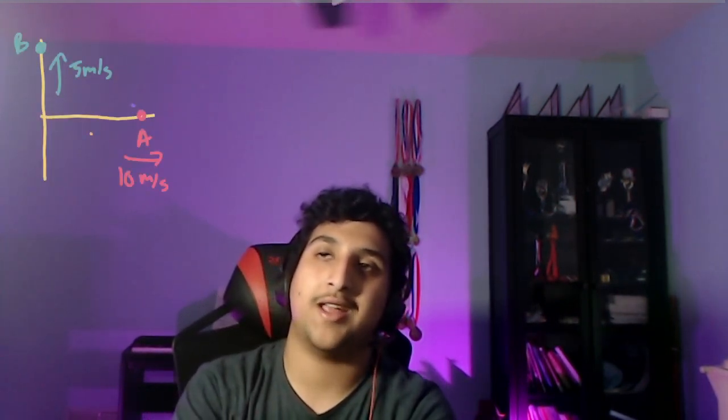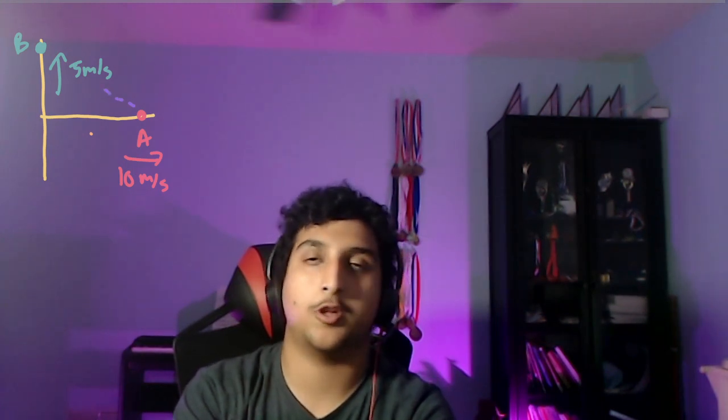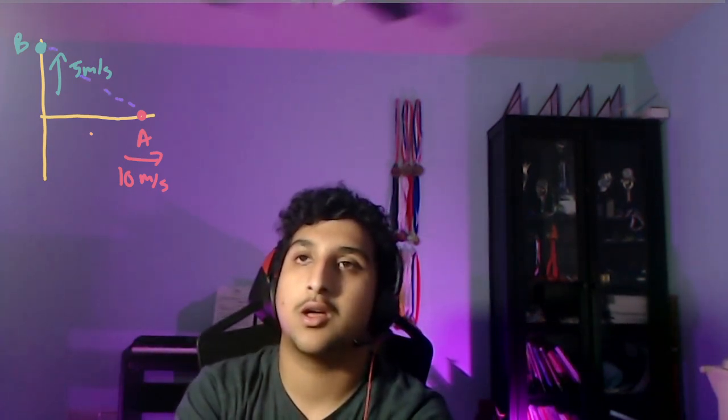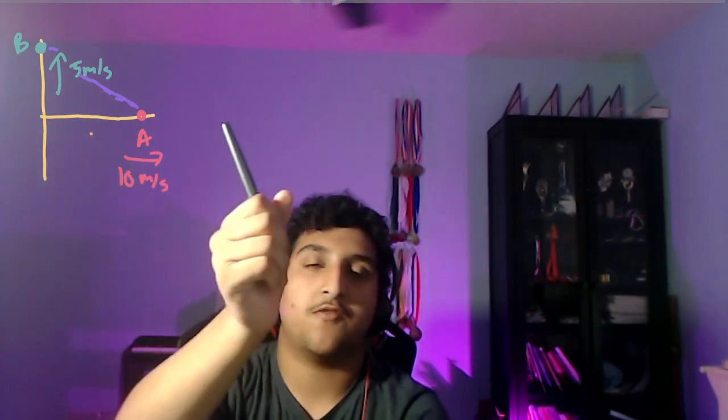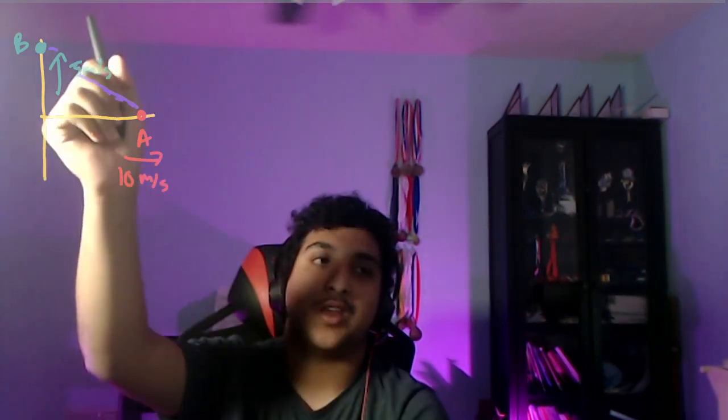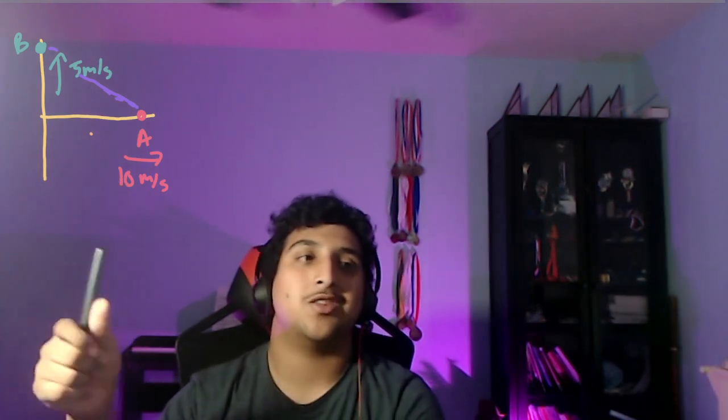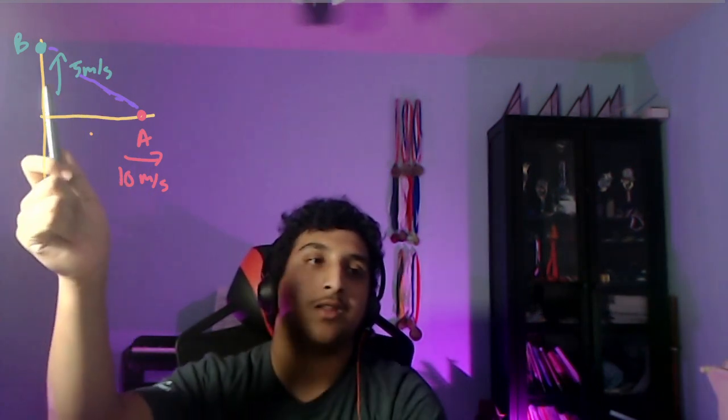So what do we want to find? It's basically the length of this purple line over here, the hypotenuse, because A is going to stay confined to the x-axis, B is going to stay confined to the y-axis, and we know that on the coordinate grid this is a right angle, so this is going to be a right triangle.